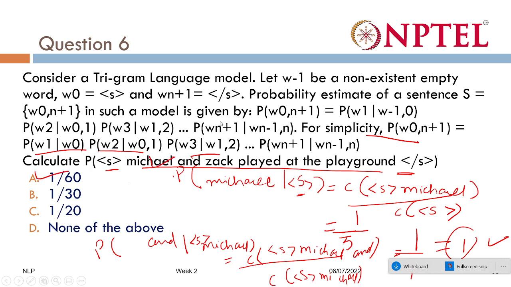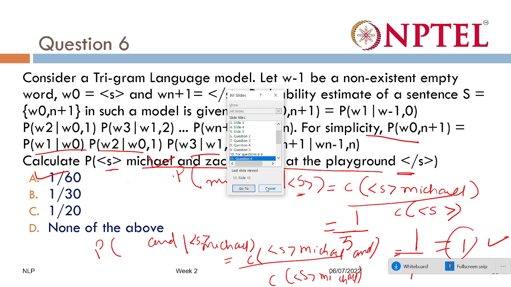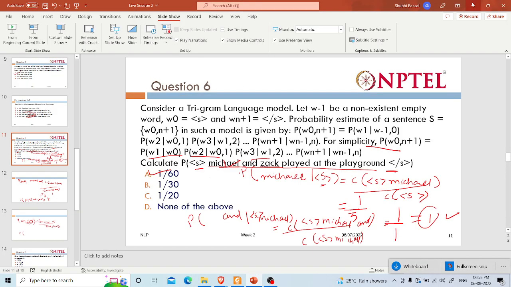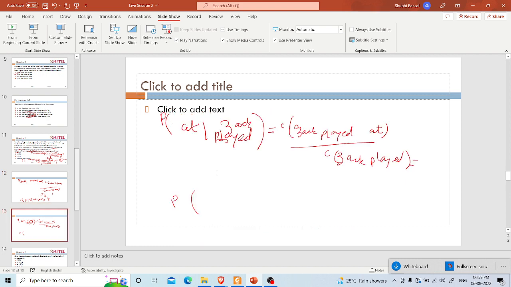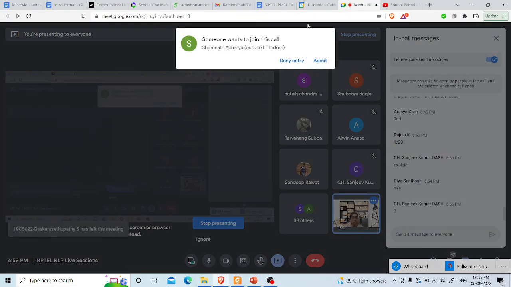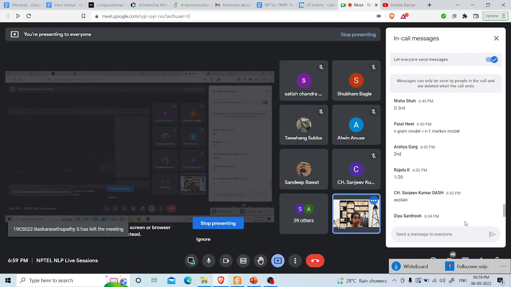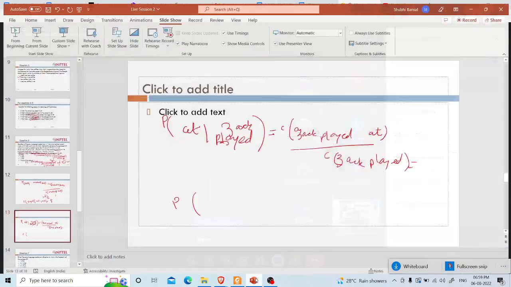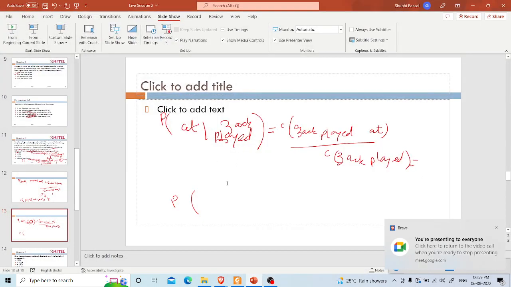So please give it a try. Conceptually, if you have any doubts, please ask your questions. Are we clear enough, like how we are computing, why we are taking it like this? Please answer. Everyone there with me? Have you understood this question?